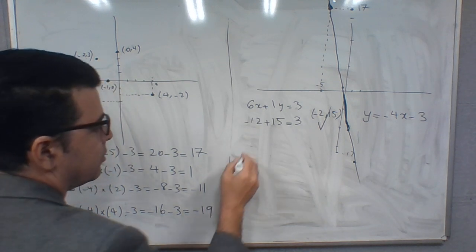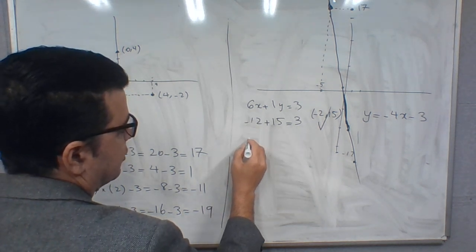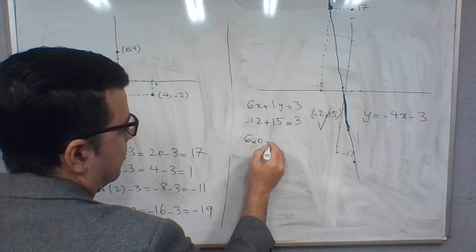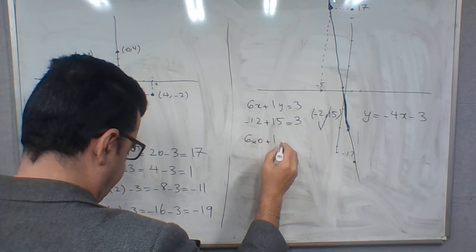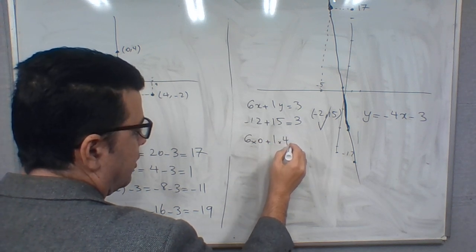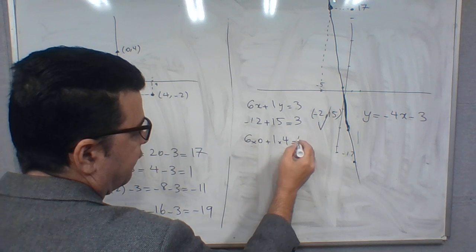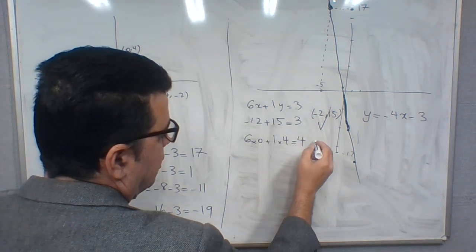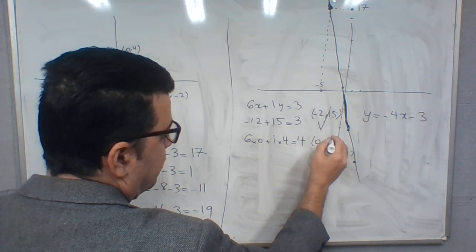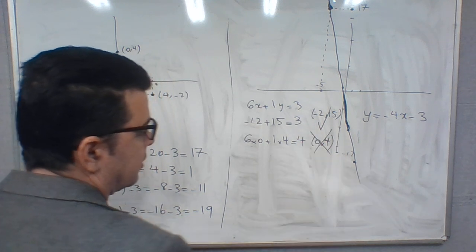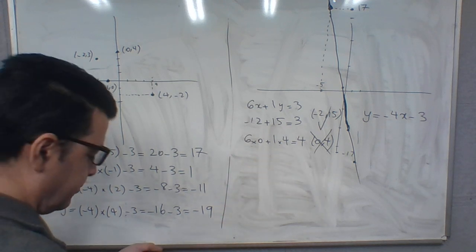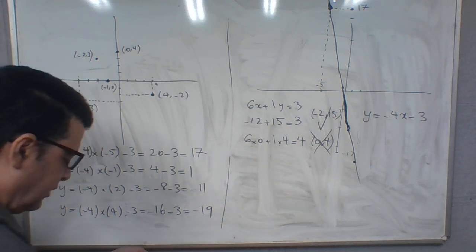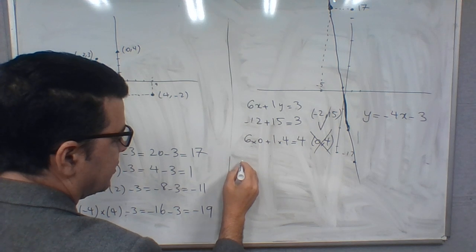0 and 4. x is 0, so 6 times 0, plus 1 times 4 is 0 plus 4, 4. So 0, 4 is not on the line because the value is equal to 4. Third one, 5 and negative 27.